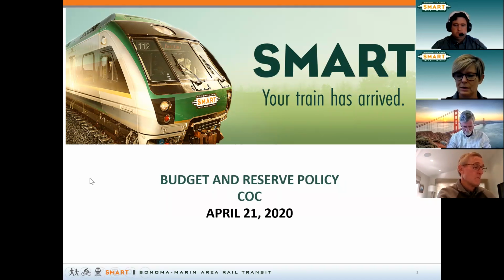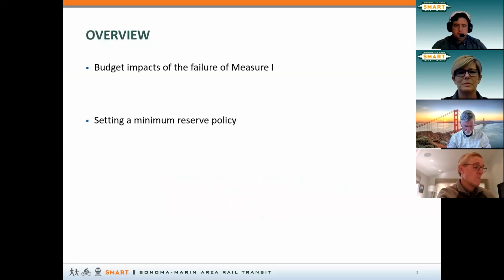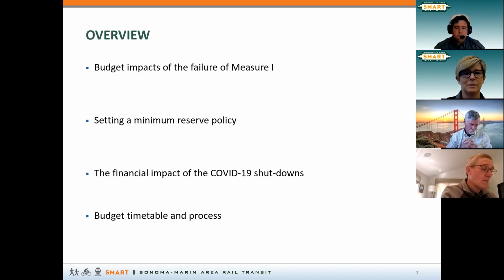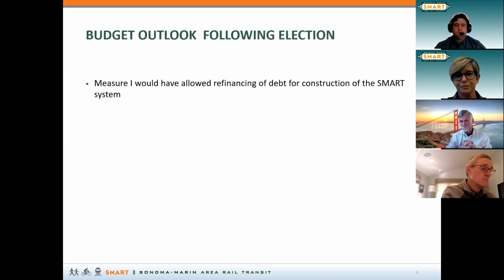Let's see. Okay. So we're just going to talk about the budget impacts of the failure of Measure I. The recommendation for setting a minimum reserve policy, and then the financial impact that we are currently projecting from the COVID-19 shutdowns. And then finally, at the end, it's just an outline of the budget timetable and the process.